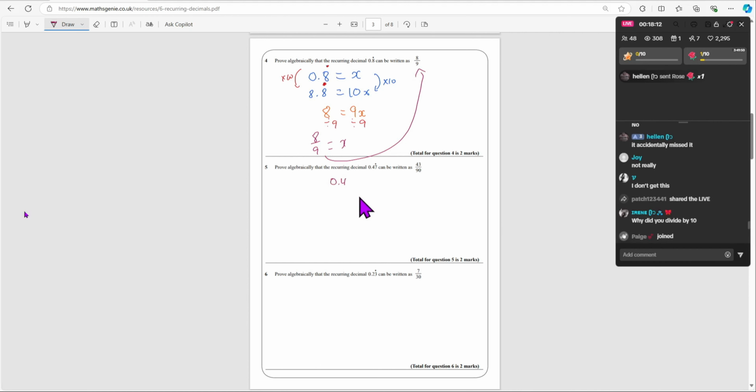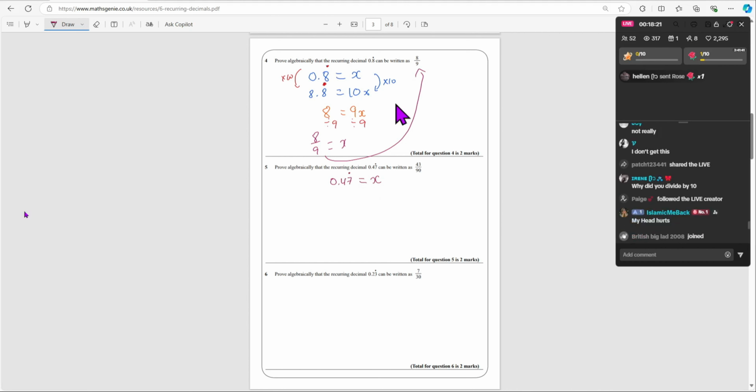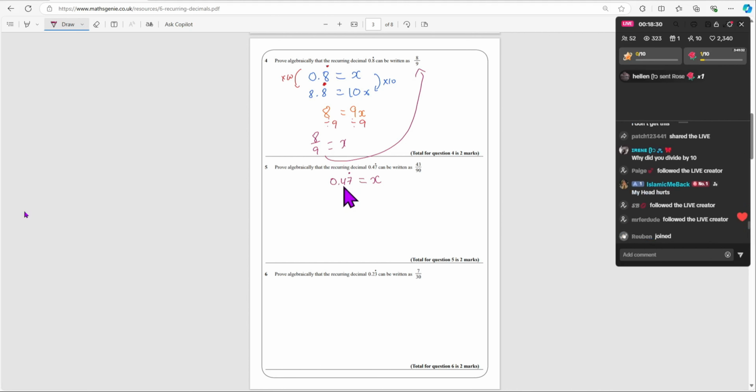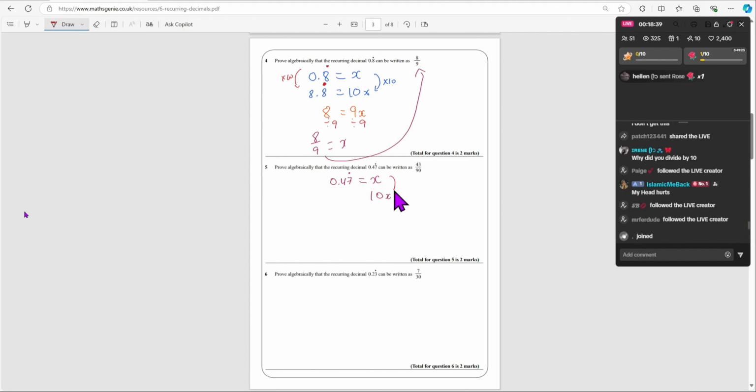Okay. So we know that 0.47 recurring, we're going to say it's x. So 0.47 recurring is equal to x. Then we can write that if x is equal to 0.47 recurring, when we multiply by 10, we know that this will multiply by 10 as well.